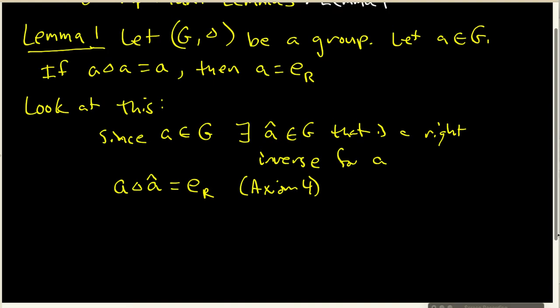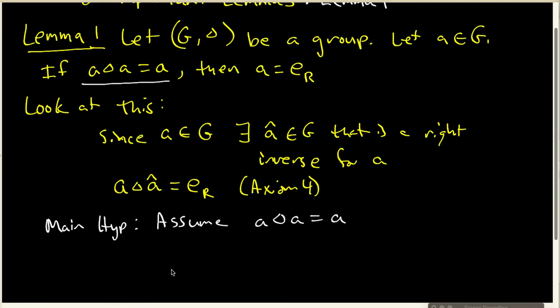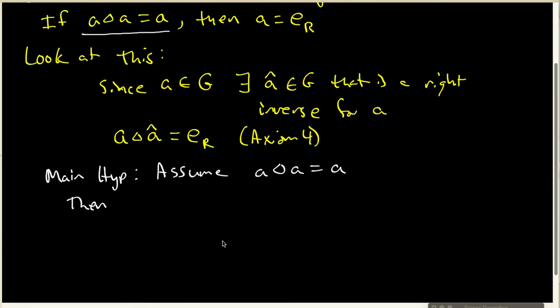And now I'm going to consider the main hypothesis. Our main hypothesis in this particular lemma is this statement here. We are assuming that A triangled with A is equal to A. Then we get the following set of implications.